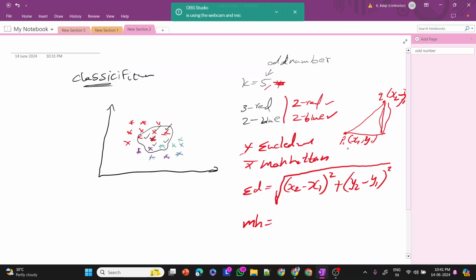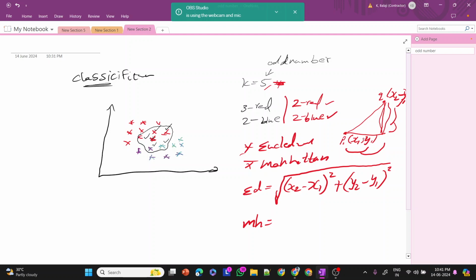It will find the distance between these two points, and then these two points, and add these two distances and give the output.